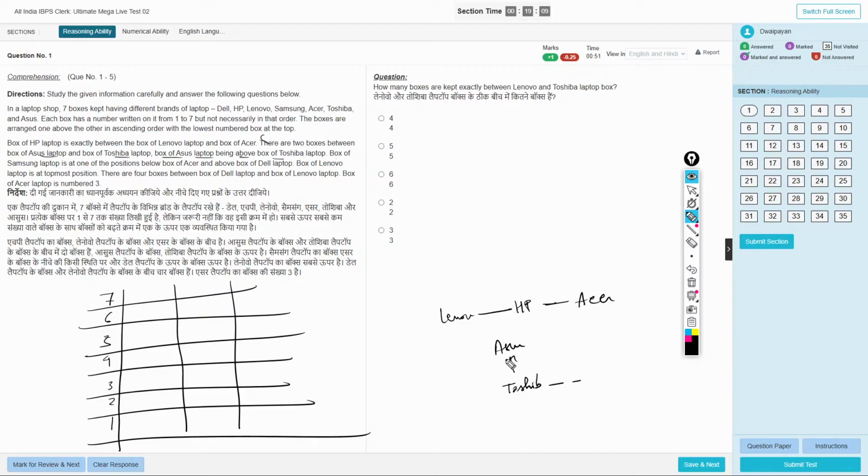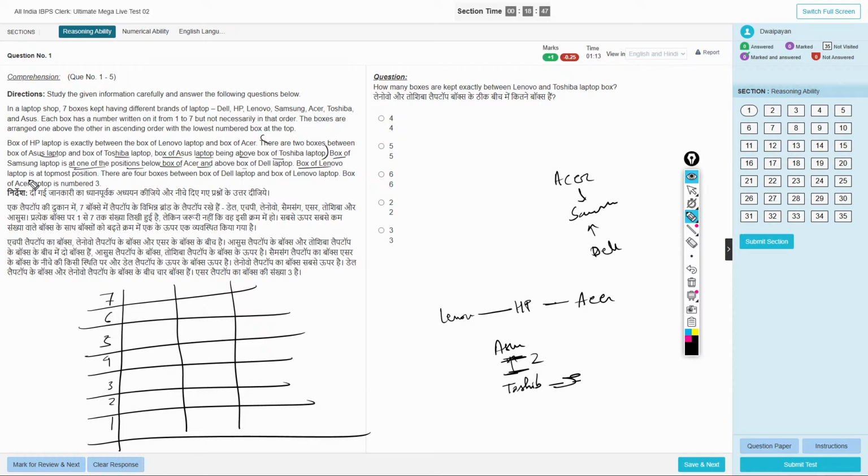So here already one box, two boxes. Box of Samsung is at one of the positions below Acer, above Dell, that is saying about Samsung.